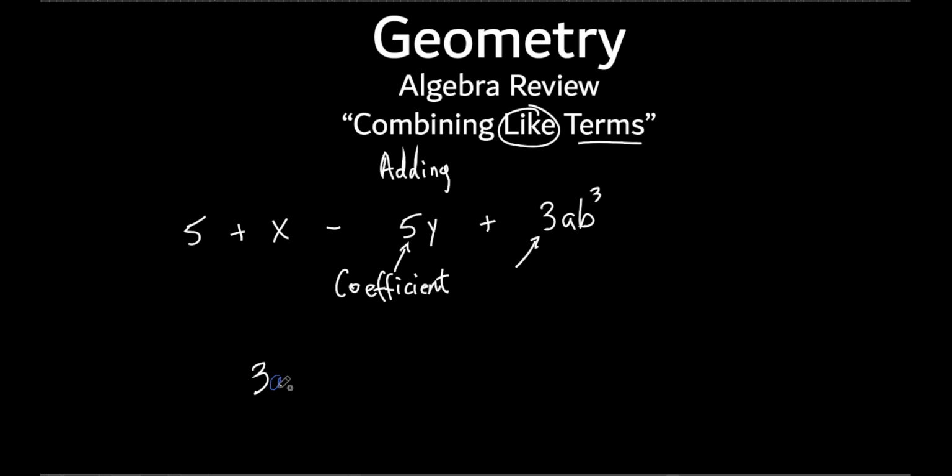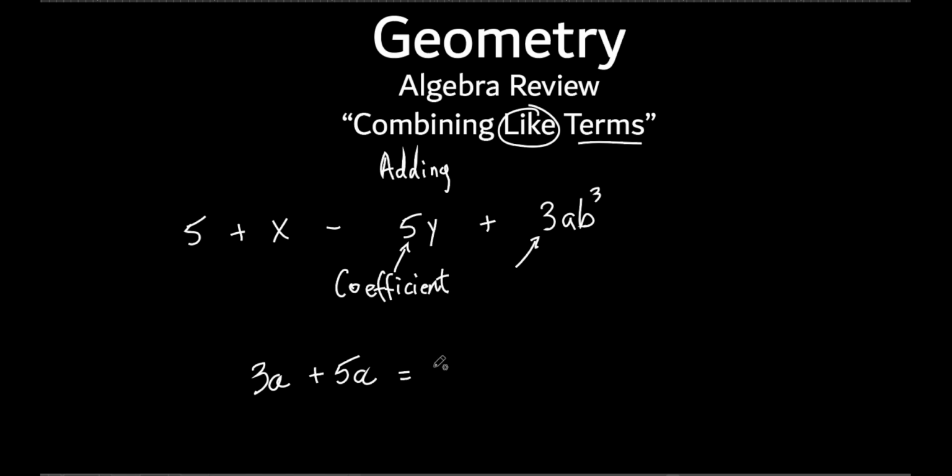So what if I had 3 apples plus 5 apples? Could I add that together? If I had 3 apples and 5 apples, could I add them together and get a certain amount of apples? Yeah. So I just add the coefficients. So what are the coefficients? What's the coefficient of this one? What's the coefficient of this one?